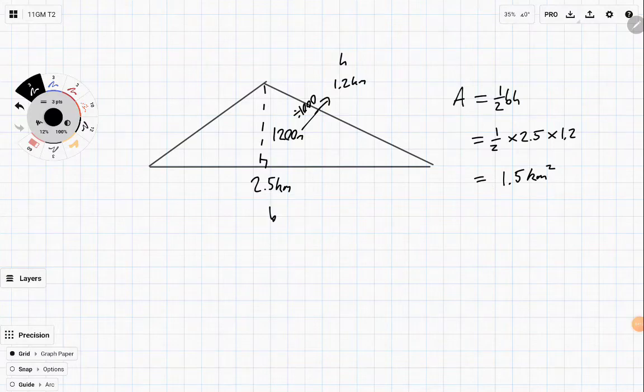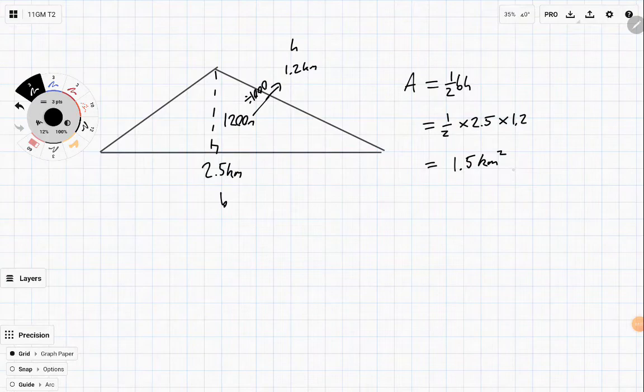Okay, but let's do this now in hectares. To get to hectares, we know that we need to get to square metres first. So to convert from square kilometres to square metres, we're going to need to multiply by 1,000, but since they're square units, it's going to be 1,000 squared.